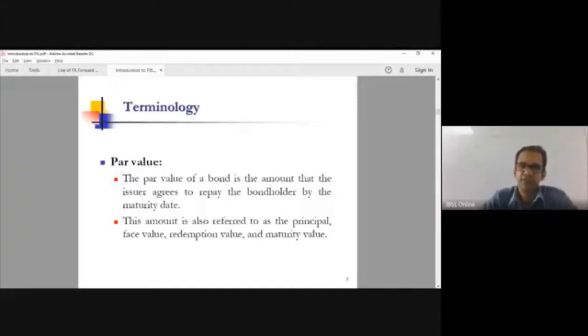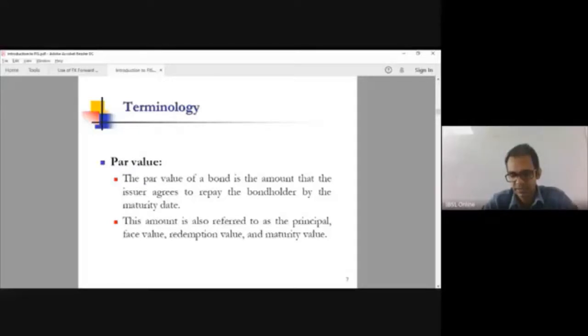So in bonds or fixed income securities, par value is the principal value the borrower agrees to pay at maturity. It may not be the amount the borrower borrows at the beginning. It may be more than that, or maybe less than the borrowed amount.